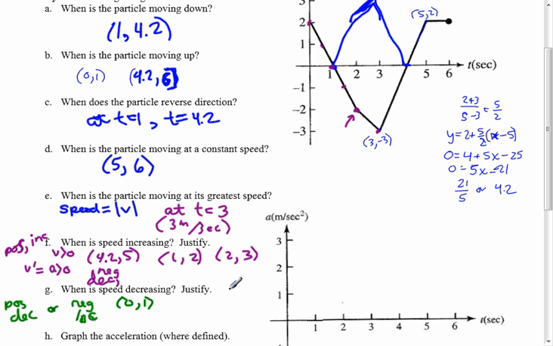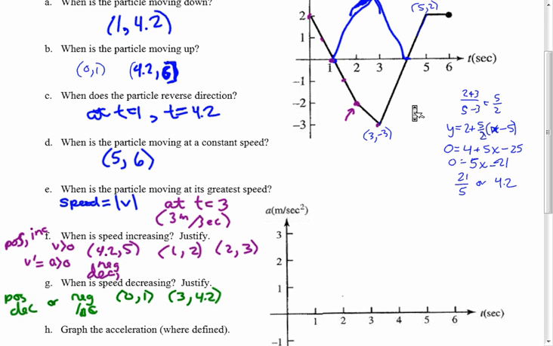And it's also negative and increasing from 3 to 4.2. Because the function is increasing, our slope is positive, our function's negative, the signs are different, so that's why speed is decreasing. It's going towards the x-axis.